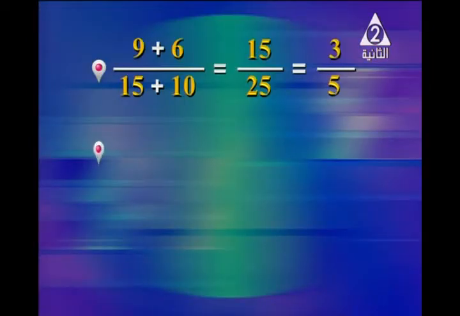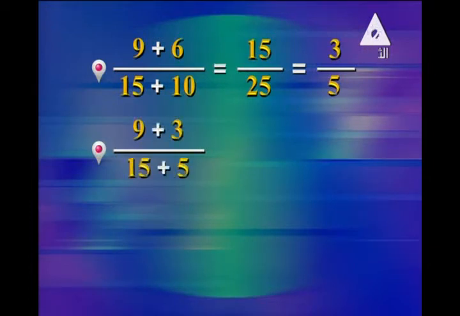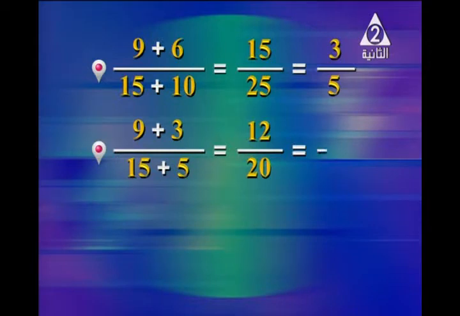Then (9 + 3)/(15 + 5) = 12/20 = 3/5, the same ratio 3/5.